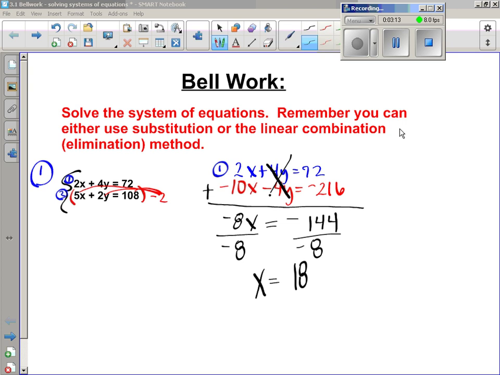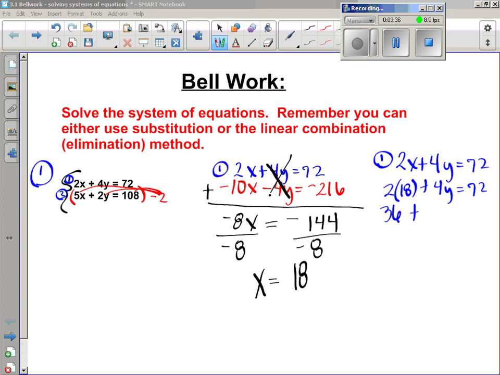Anybody not find their mistake, though, and do it by elimination? Okay. Once you find out what x is, then you can go back and plug it in anywhere. You can go back into the original equations or the new equations. It doesn't matter. Substitute it in and solve for y. So I'm going to go back to equation number 1 here. 2x plus 4y equals 72. 2 times 18 plus 4y equals 72. 36 plus 4y equals 72.